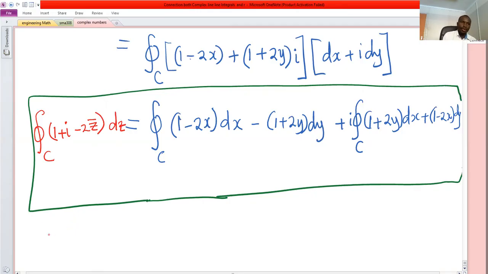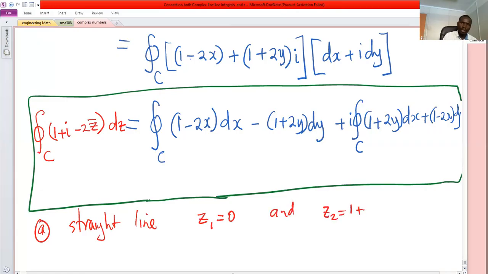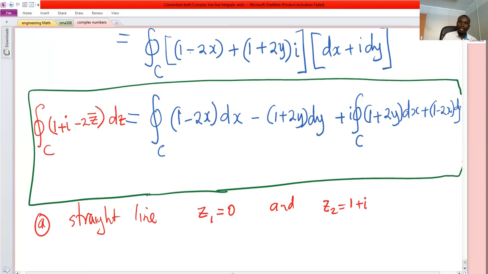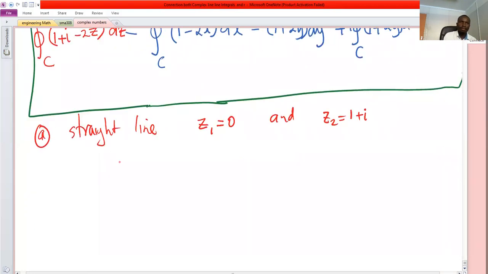Now, the first one is the straight line, part A, joining z1, which is 0, and z2, which is 1 + i. So let's sketch this on a diagram. Remember, this is the imaginary axis, this is the real axis.